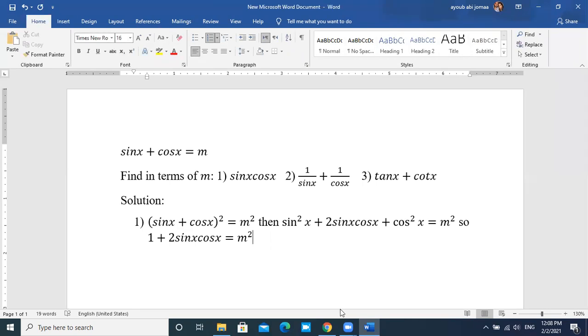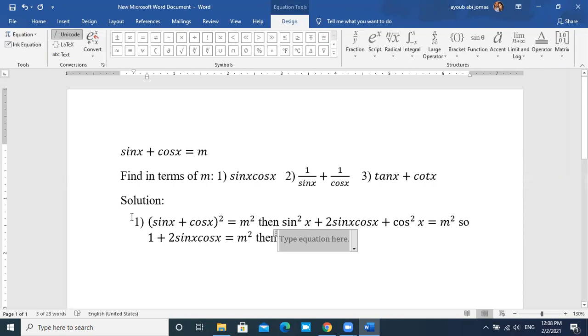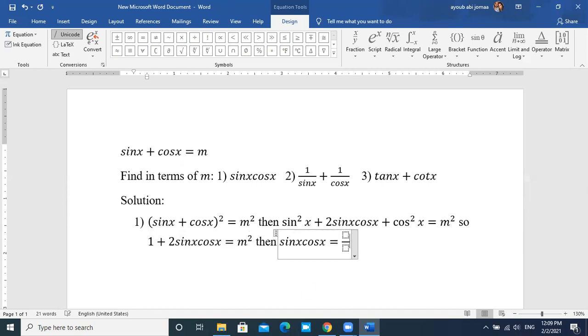Clear? Any questions till now? No. So move 1 to the right side and divide by 2. Then you get sin x cosine x is equal to m squared minus 1 over 2.